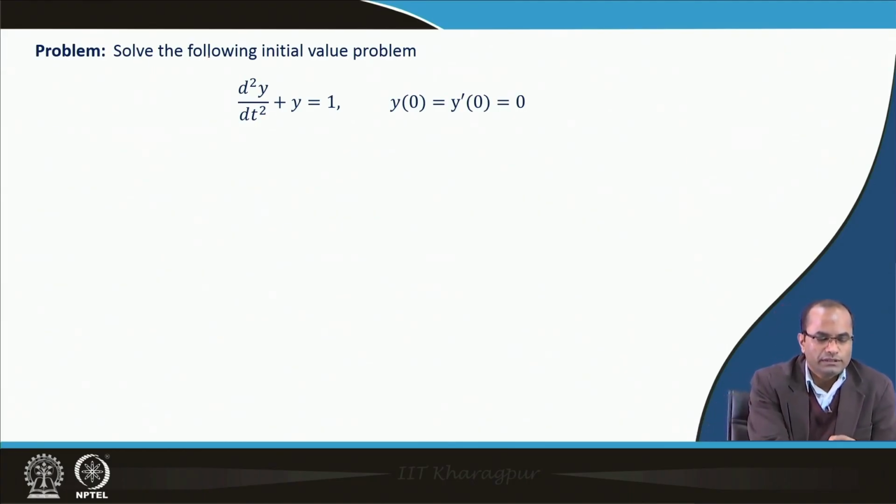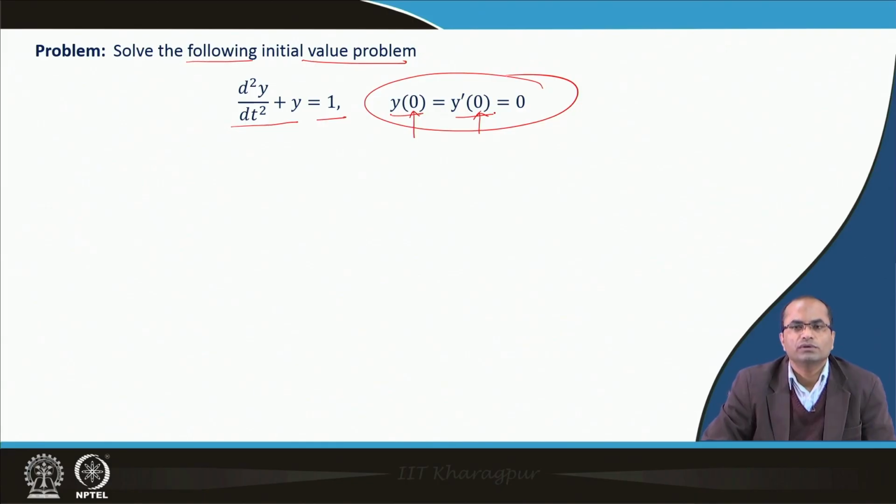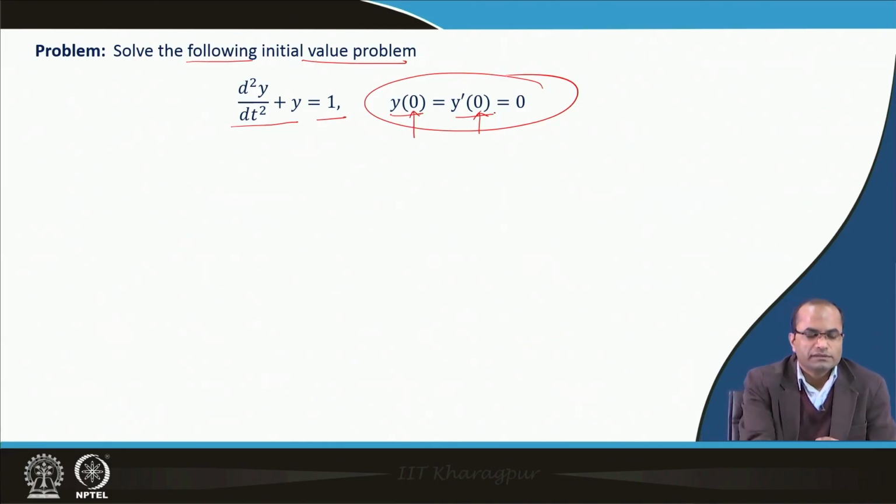So, here we need to solve the differential equation or the initial value problem, d 2 y over d t square plus y is equal to 1. Initial values means these conditions are given at a single point t equal to 0. So, at t equal to 0, two conditions are given; it is a second order differential equation, so we need two conditions to get a unique solution.